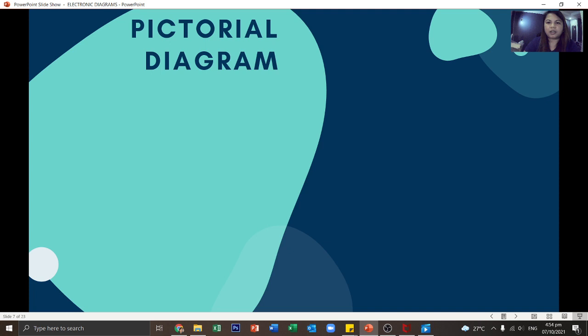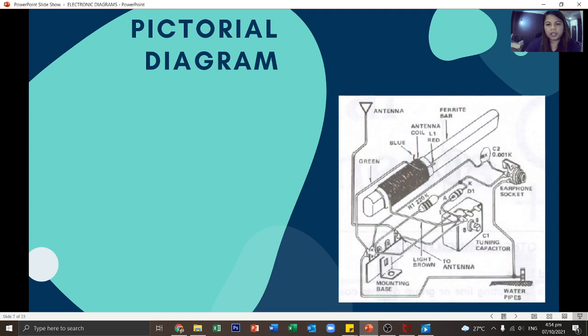The pictorial diagram. Here is an example of a pictorial diagram. What can you see? Can you see the difference between the block diagram and the pictorial diagram? Sometimes it is called a wiring guide. Why?